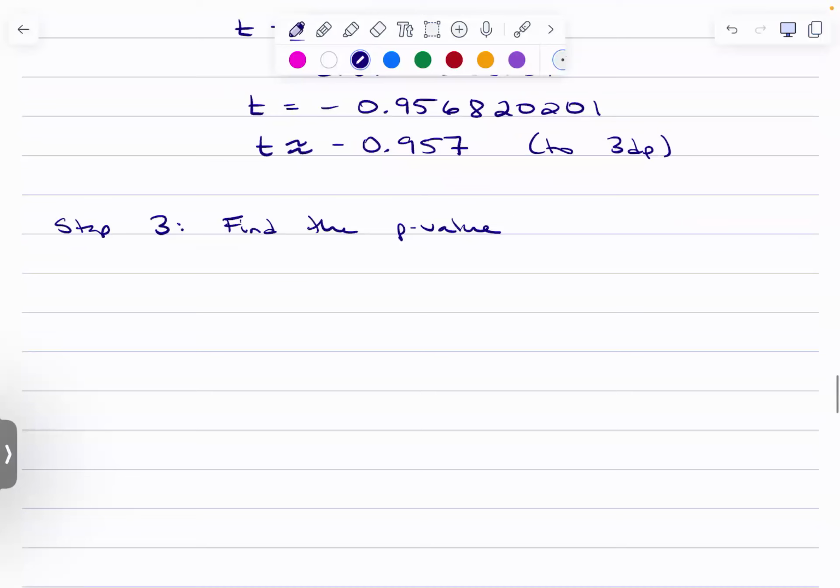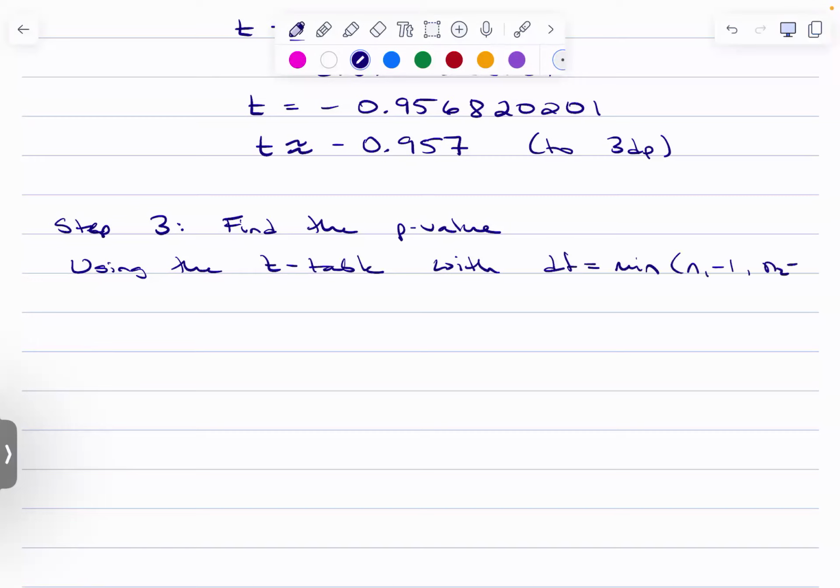Well, using the t-table, since I calculated a t with degrees of freedom equal to the minimum of n1 minus 1 and n2 minus 1, right? That's on our formula sheet.